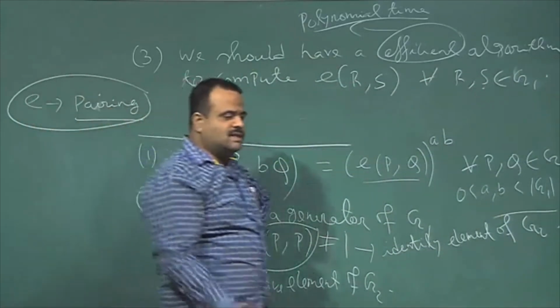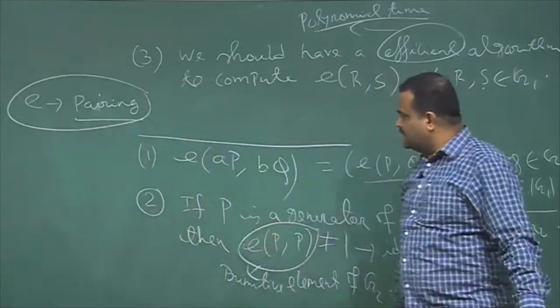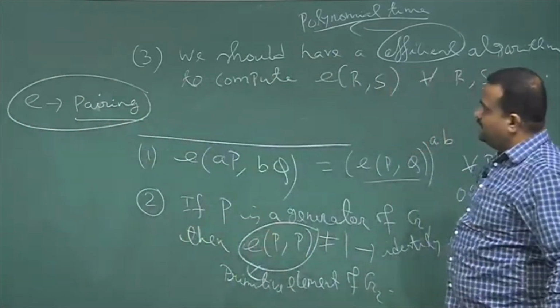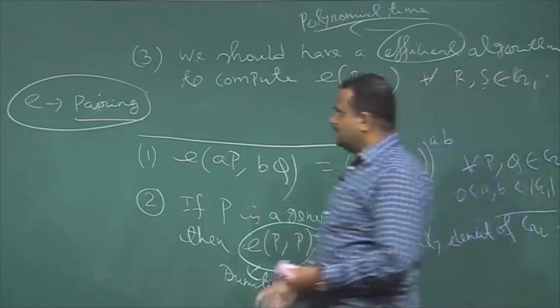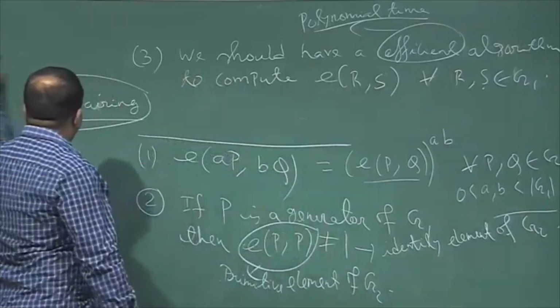So if a function E has these three properties, then it is called a bilinear pairing. Now, how to construct such a function? That part is not so easy.